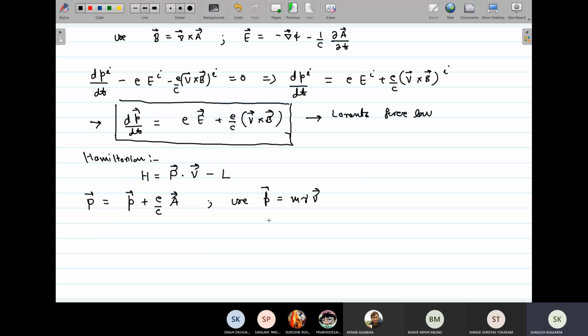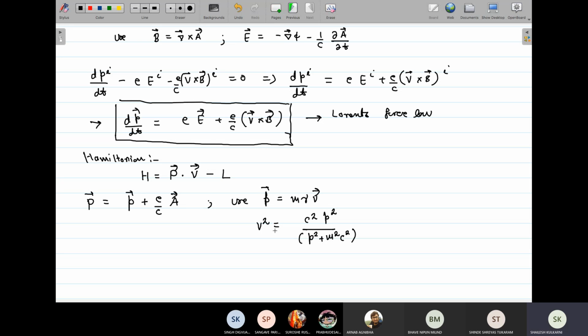From this relation you will get V square, as I already mentioned, as C square p square into p square plus M square C square.